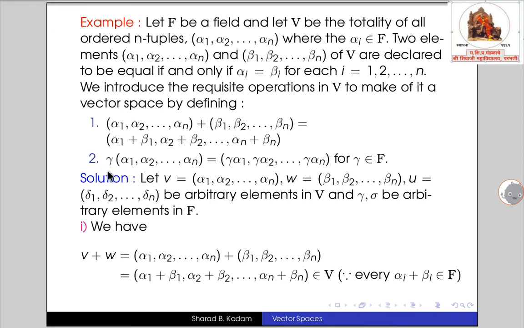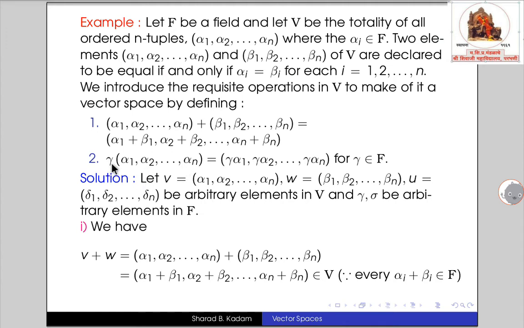The next binary operation is multiplication. Here gamma is a scalar and this element is a vector. So this is a scalar, this is a vector. That is why this binary operation is called scalar multiplication. Here multiplication is also component wise.